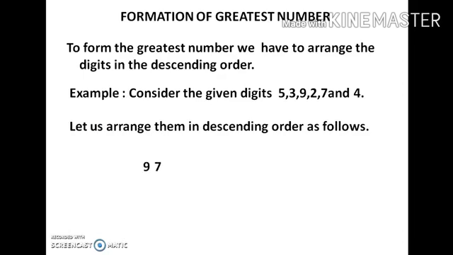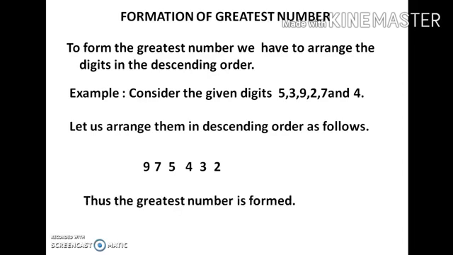9, 7, 5, 4, 3, 2. So the number is read as 9,75,432 and it is the greatest number formed. Now let us see how to form the smallest number.